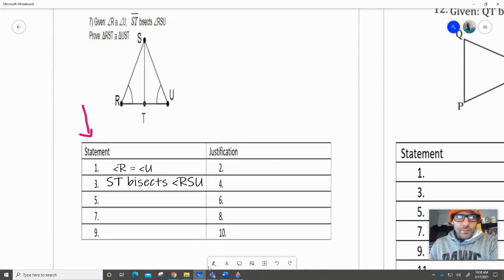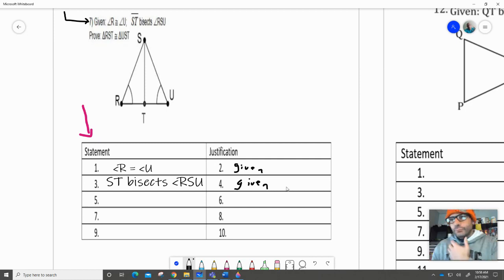Those are our first two statements, okay? And the justification for both of those is going to be given, because they give us that information right there. So the reason we can say that angle R is congruent to angle U and that ST bisects angle RSU is given and given.